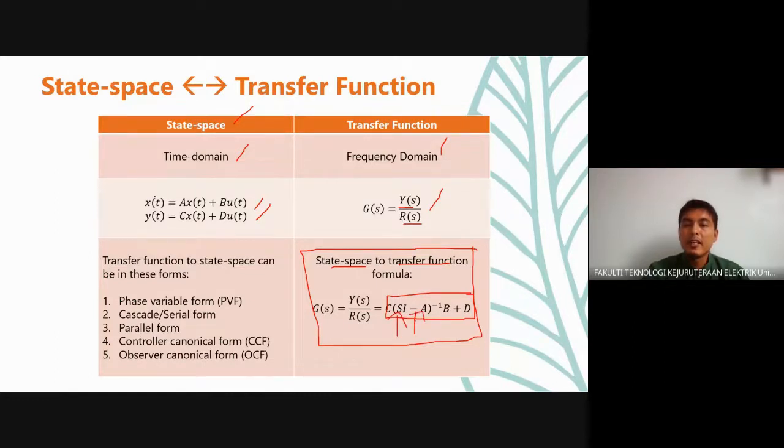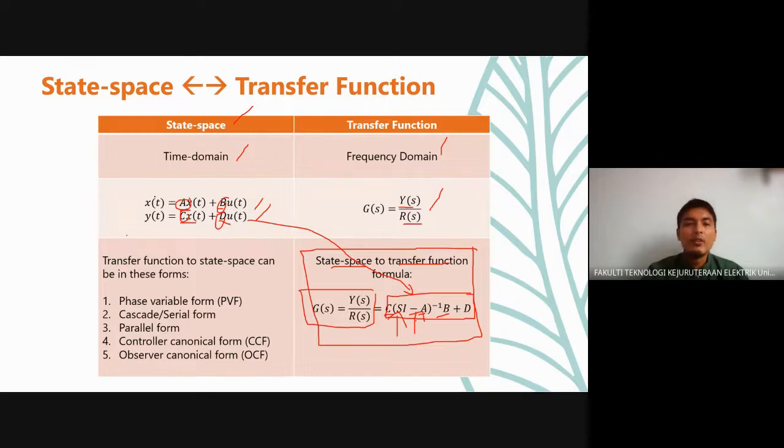You can see that we have C, A, B, D, so you need to use all this information and plug it into this formula to obtain the transfer function.